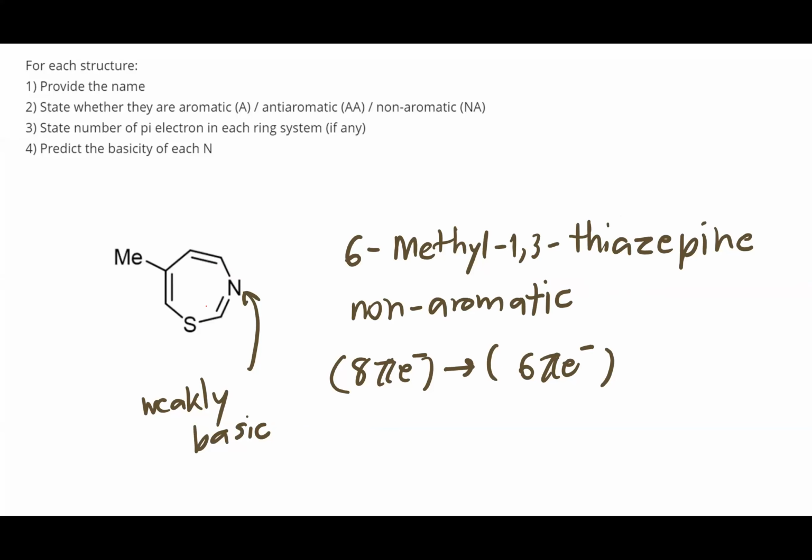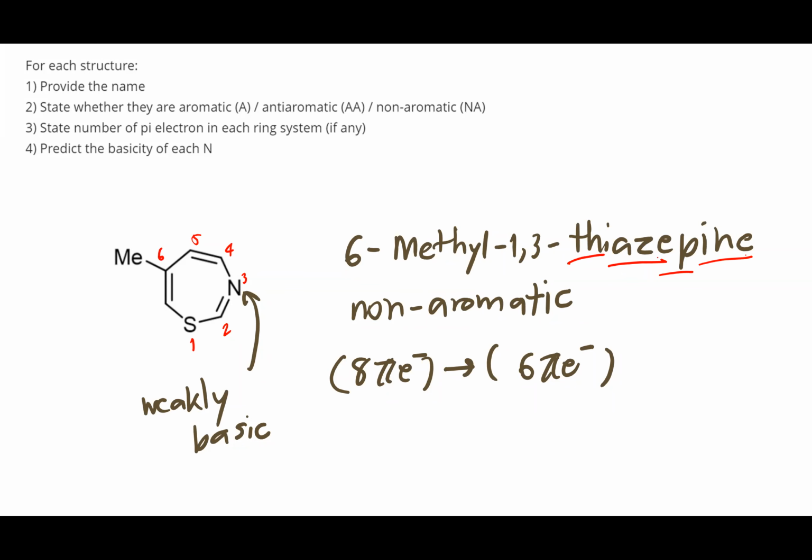The next compound, this one, is 6-methyl. 1, 2, 3, 4, 5, 6, because S is more important than nitrogen, it has higher priority. So it's 6-methyl-1,3-thiaza, and for a 7-membered ring the ending is -epine, so 6-methyl-1,3-thiazepine.